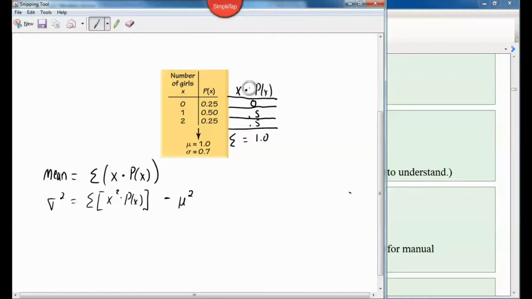So we have an x times p of x column, but that's not going to help us. We need an x squared times p of x column.